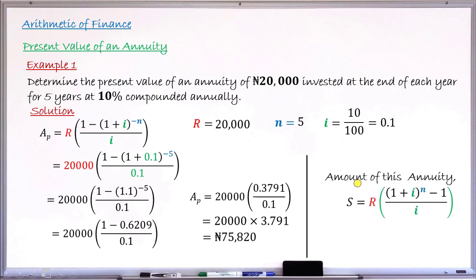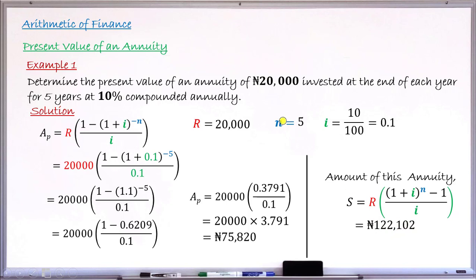If you now substitute in this very formula from our previous lesson, amount of an annuity, you discover that this very annuity will now have an amount equal to 122,102 naira. This is the size of this very annuity. You can see this 20,000 that is invested each year for a period of 5 years will now amount to 122,102 naira.